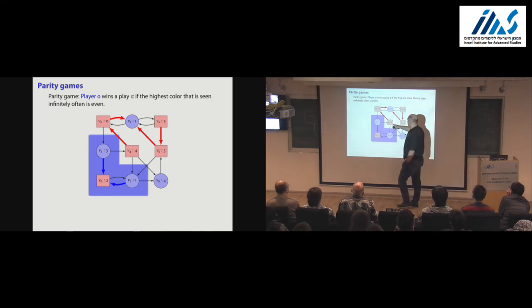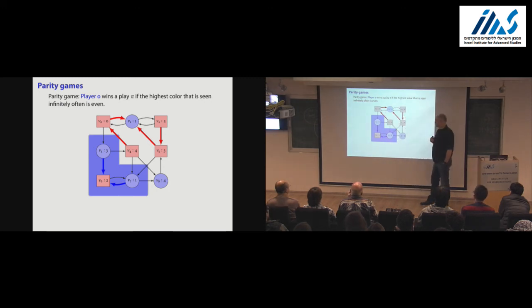Okay, and then again here we have V4 that looks so promising because it has a high color that is even, but unfortunately player 1 will move me out of here immediately, which means that I'll actually only see this color 4 once, and from then on it's in one of the two losing situations.